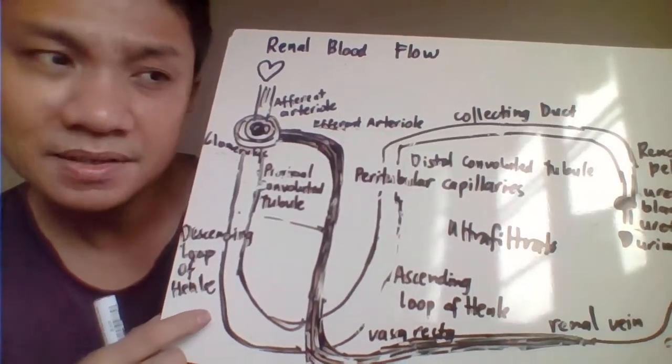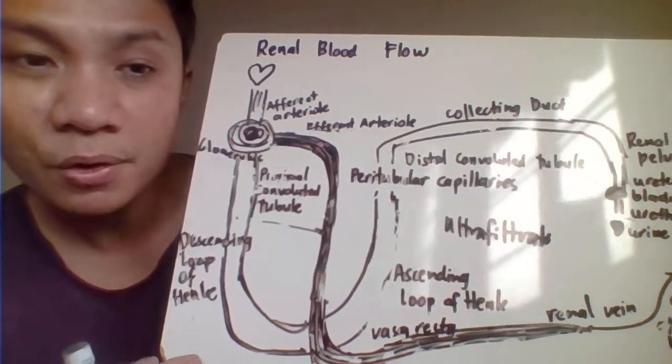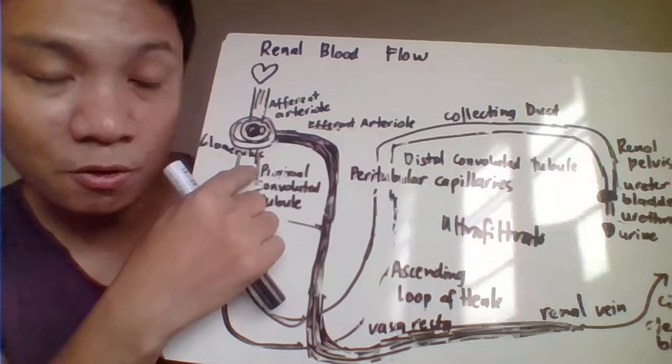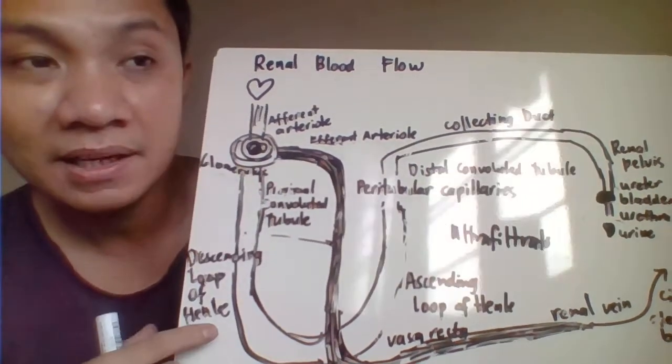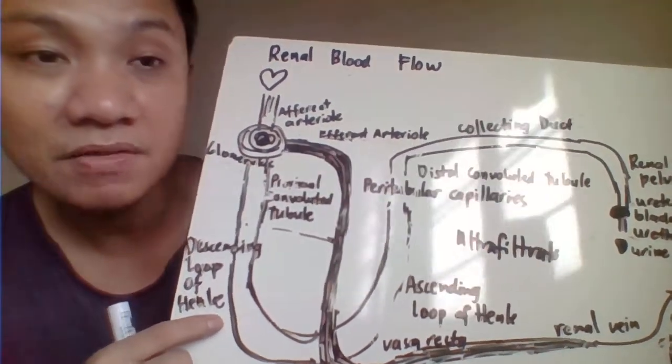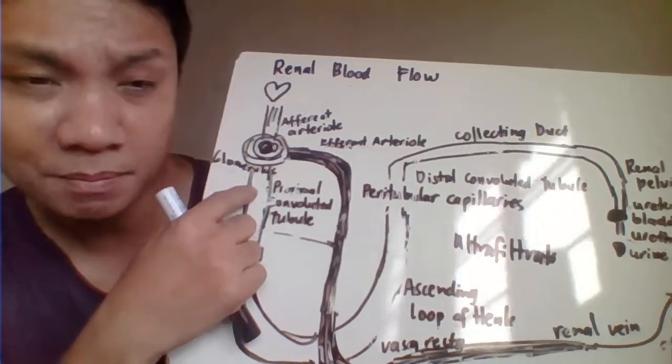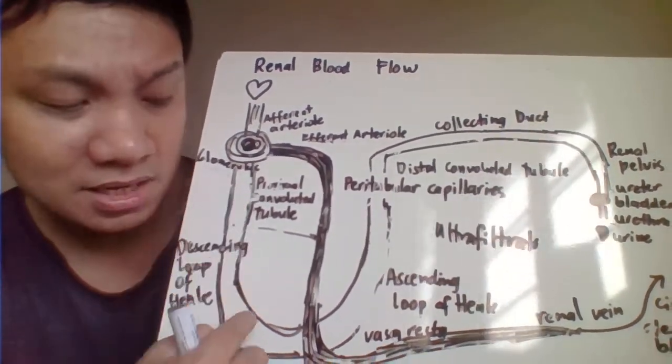Okay, paano for example, tinest mo ang glucose ng patient, normal ang glucose level niya, pero pag tinest mo ang ihi niya, nagkaroon ng positive na urine glucose. Bakit nagkaganon? Kaya niya namang reabsorb pagdating dito. Bakit lumabas siya dito?